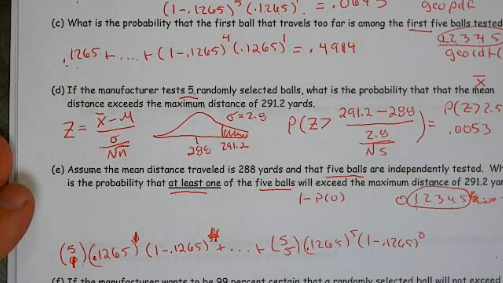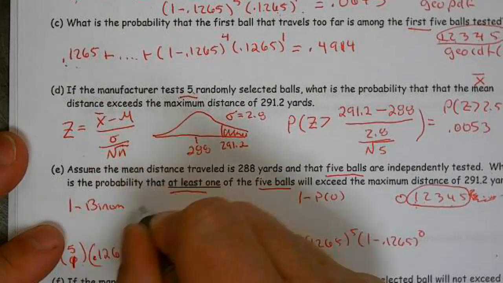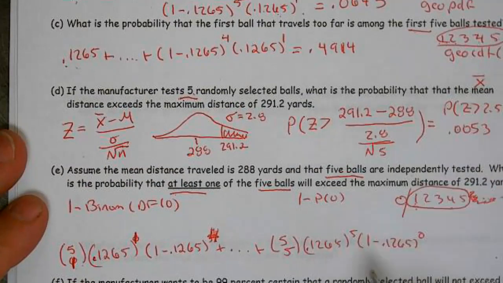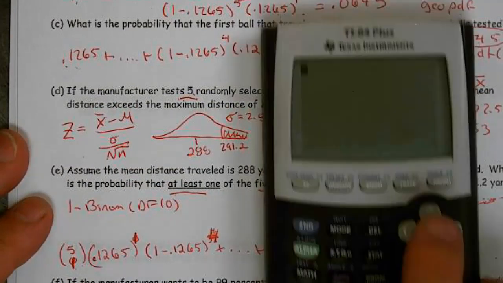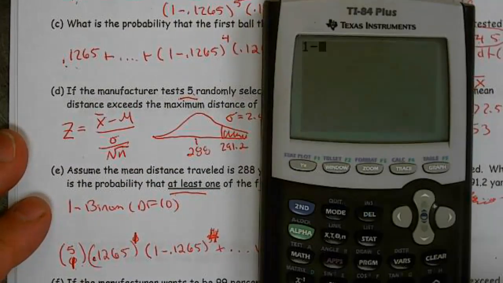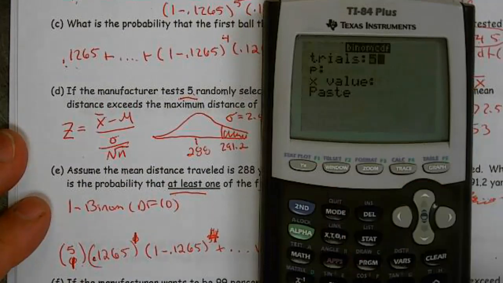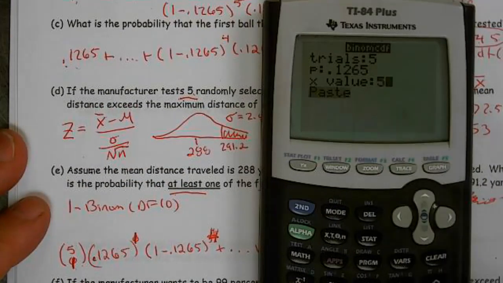But what am I going to do in the calculator? In the calculator, I'm going to do a 1 minus the binom CDF of 0, because we're going to always subtract out the highest thing we don't want. We want 1, we want 2, we want 3, we want 4, we want 5. We don't want 0, so we're going to subtract out 0. So in this case, 1 minus second vars, binomial CDF. Trials happen to be 5. Our probability was 0.1265, which we got from part A, and we're going to have 5 balls, so this will be 5.